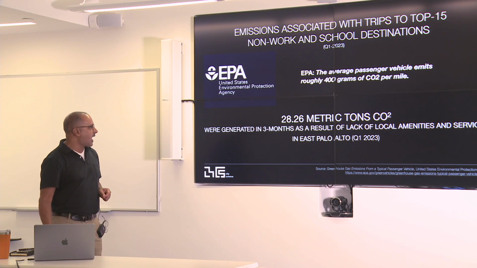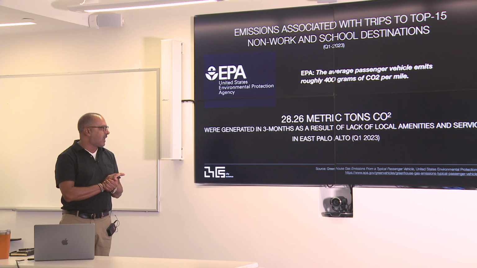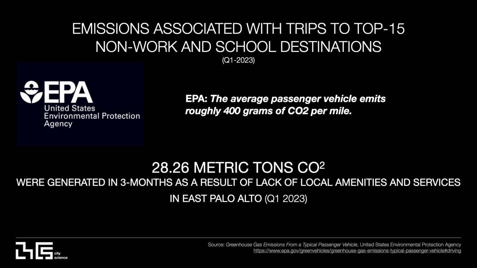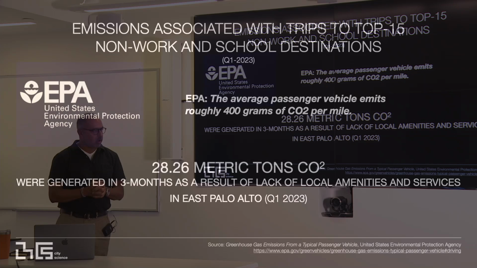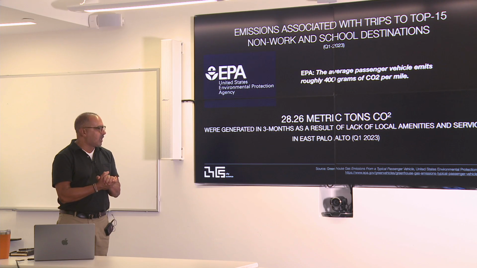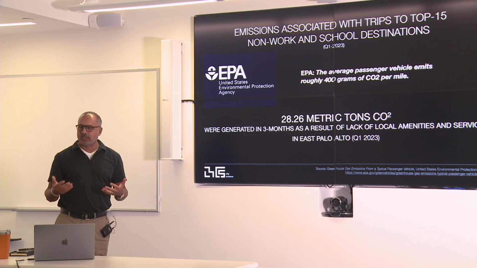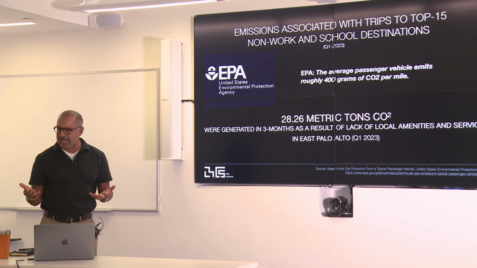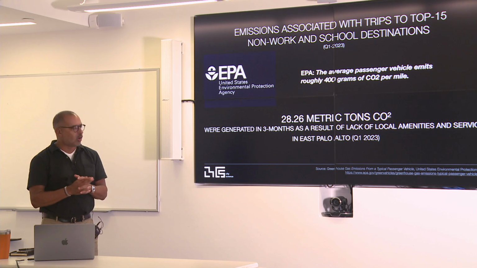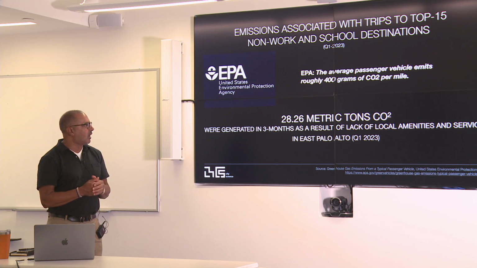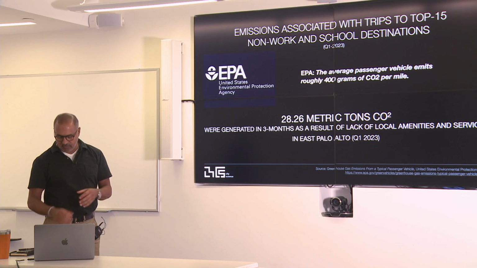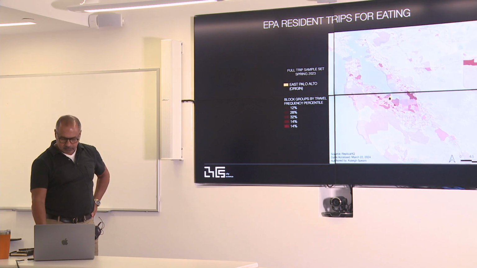And it turns out that because of lack of amenities and services in East Palo Alto, about 28 metric tons of CO2 per 3 months, per quarter, is being contributed because of a lack of amenities and services. So this was a very strong argument to change zoning regulations in a community that currently does not have a lot of amenities and services in the area.